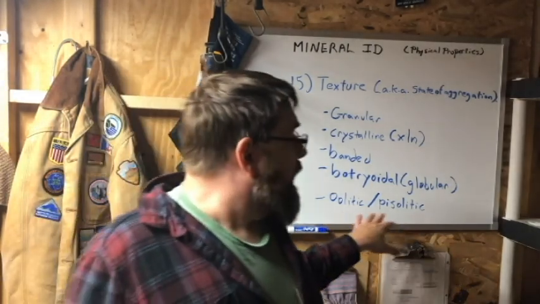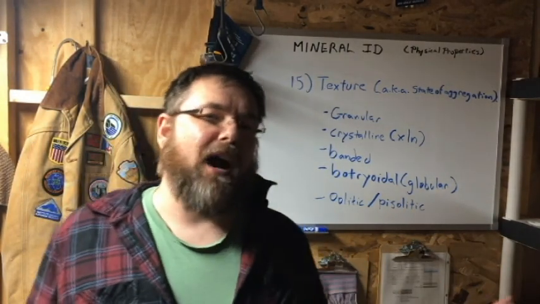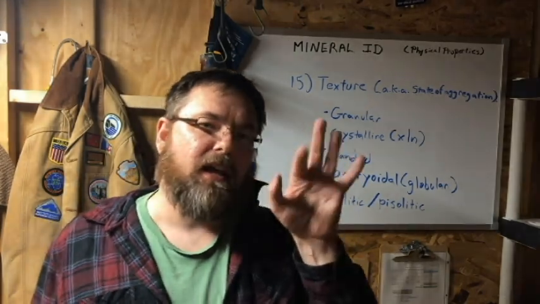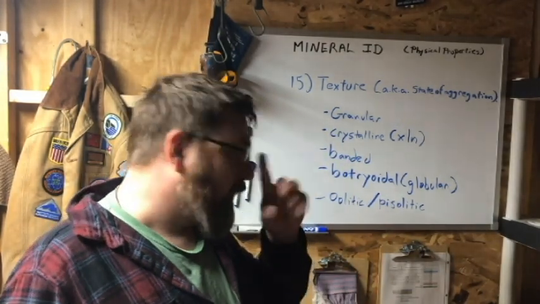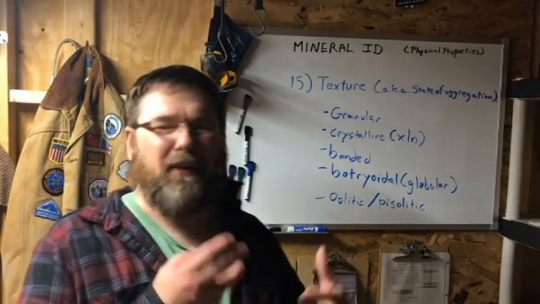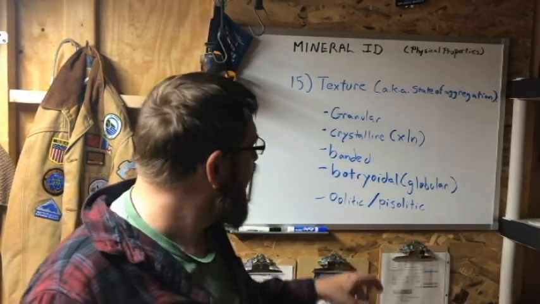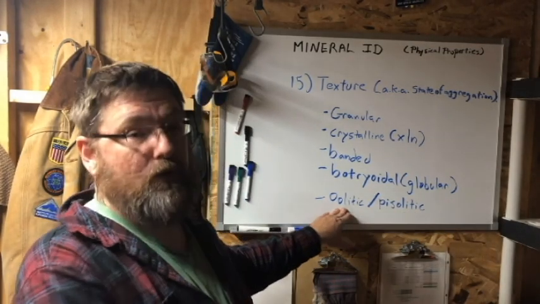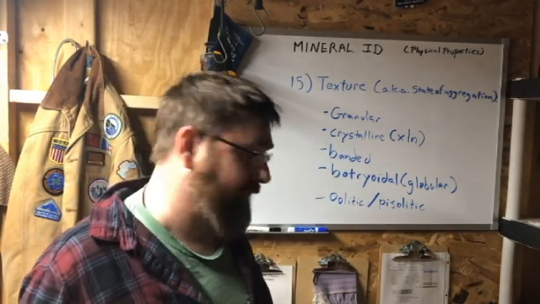Oolitic. That has to do with carbonate rocks. I'm not going to get really into detail with that. It's very rounded carbonate grains. Those are talks for other times, really, and I don't really have anything to demonstrate it for you. And pisolitic, or pisolites, are just really large oolites. So it's a size thing.